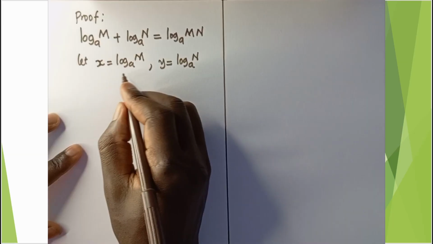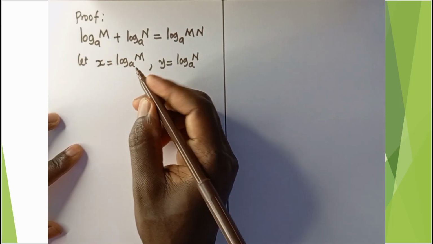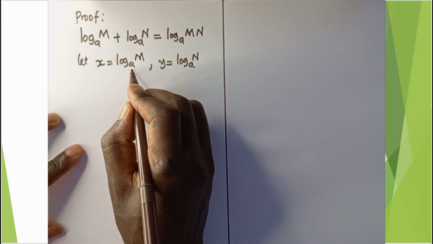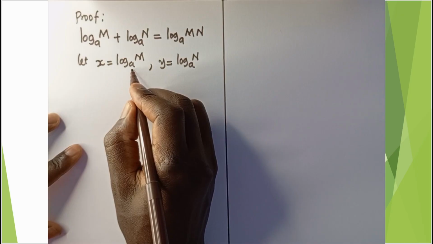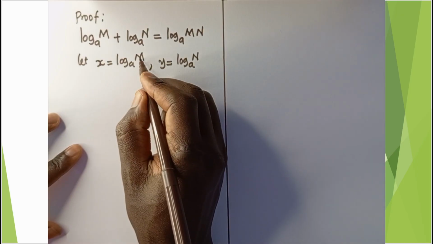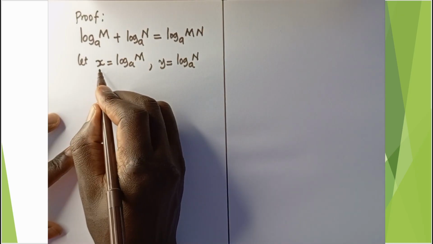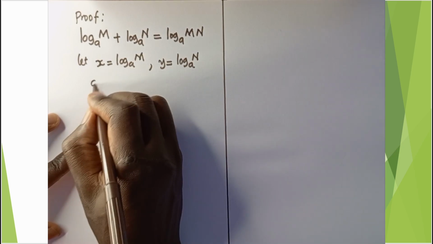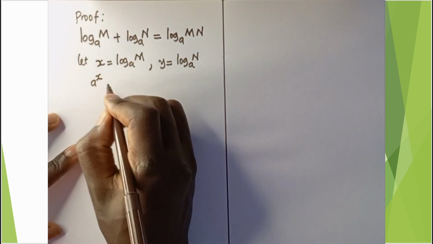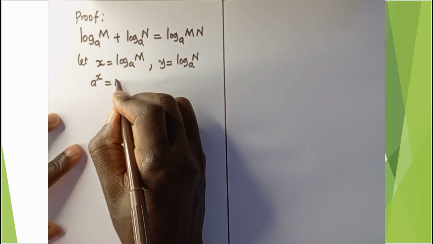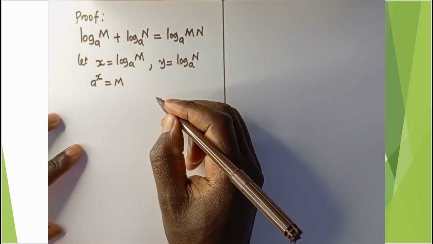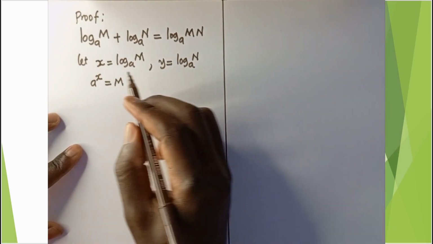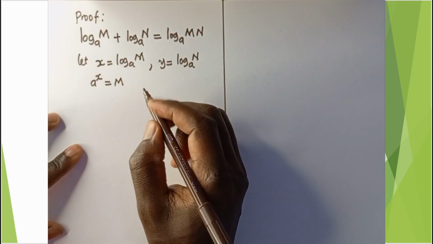Now we go ahead to write it in index form. In this form, a is considered to be the base, m is the argument, and x is the power. So we say a to the power x is equal to m, because we know very well that logarithm simply means power.